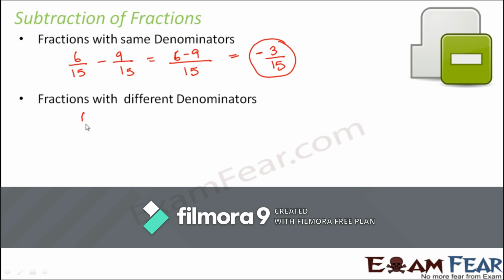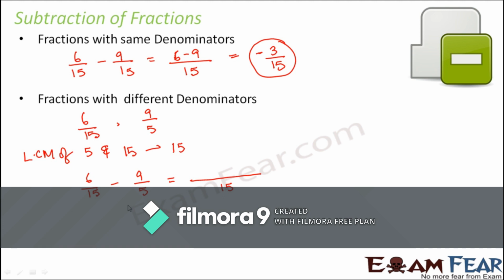And when you have fractions with different denominators, like 6 by 15 and 9 by 5, in this case again you find out the LCM of 5 and 15. Just now in the previous slide we found out that the LCM of 5 and 15 is 15. So 6 by 15 minus 9 by 5 is equal to, the denominator would be 15.